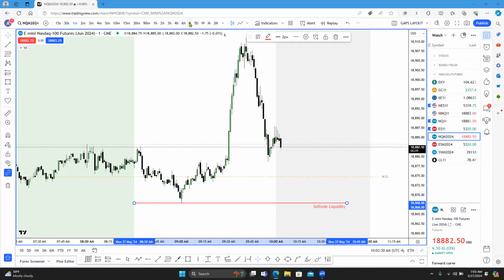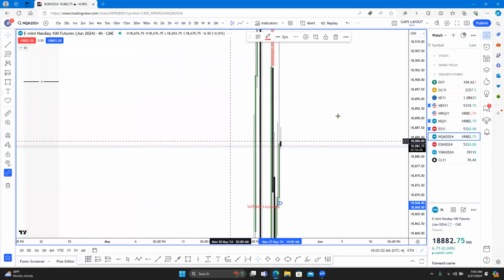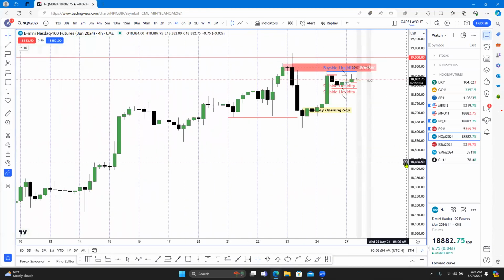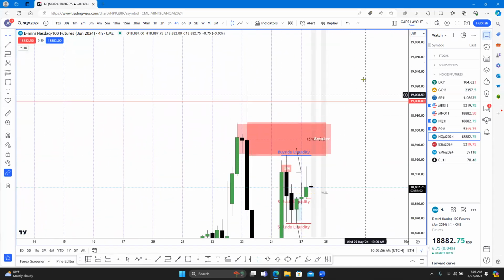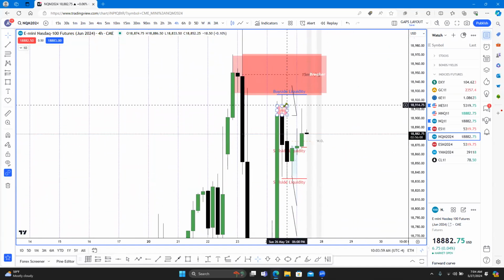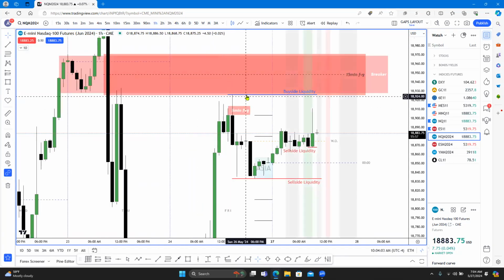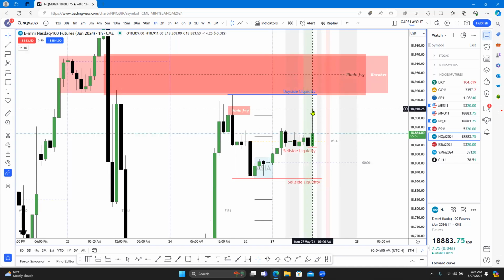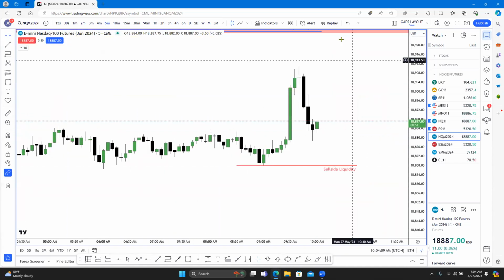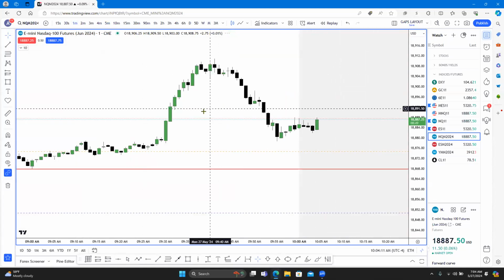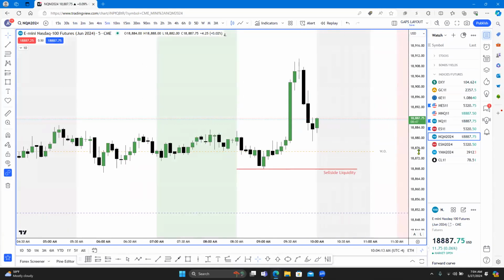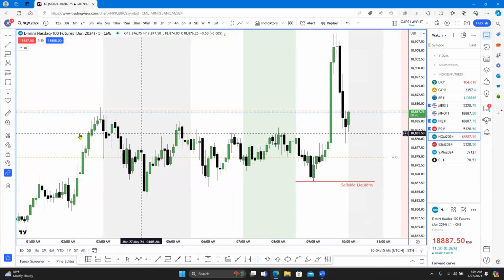So so far, click on the 4 hour. We started to drive higher at the open, towards this buy side. Pulled back a bit. We're inside this 5 minute bullish gap in here.